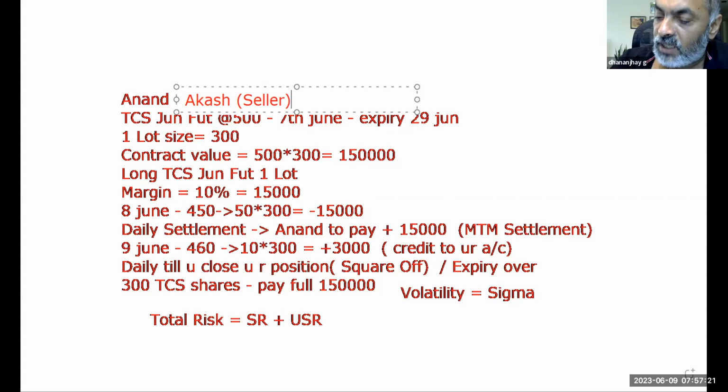Is it okay if I take 10% from Adani, or do you want more margin from Adani? People who are trading Adani stocks, Radheshyam? They'll get more volatility, more margin.